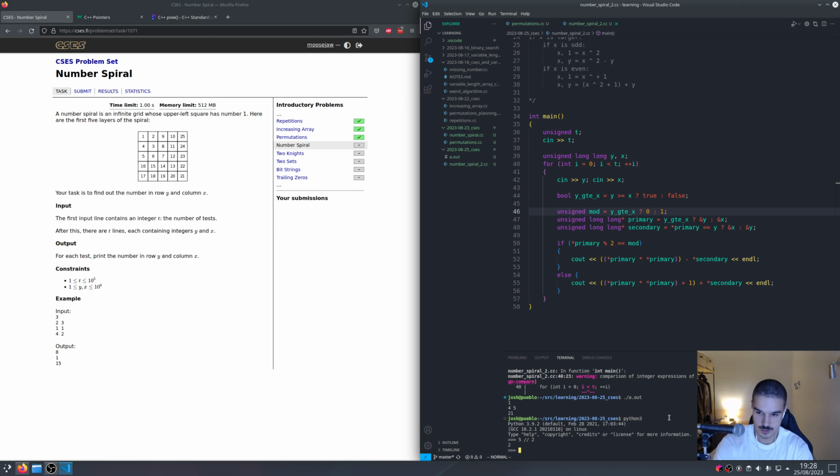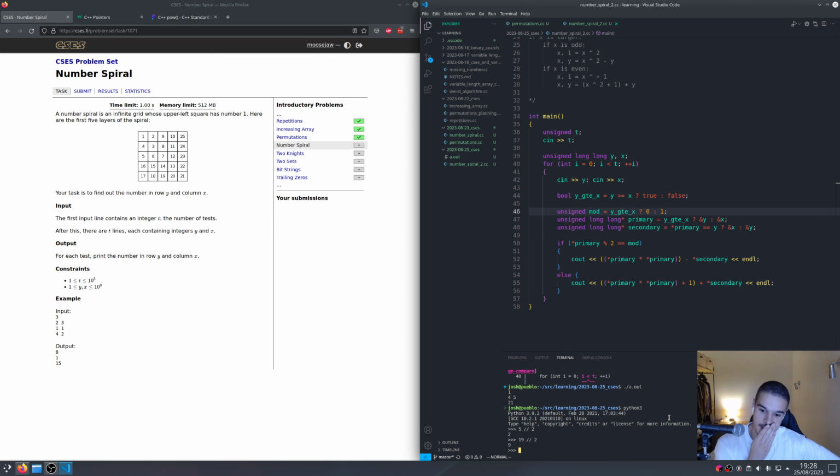It might actually be because, yeah, okay. It's because the remainder can be anything. Okay. So this is only true, obviously, if the remainder is 1, which is not what I wanted.